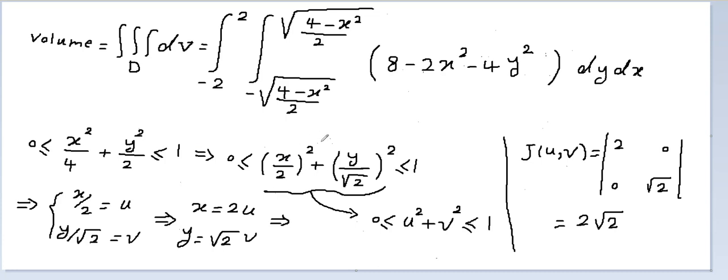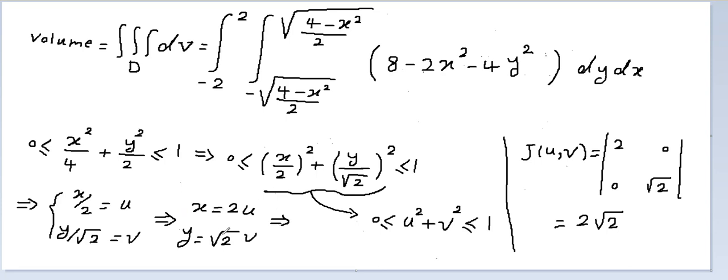This gives you some idea how to choose your proper substitution. So let me take x over 2 to be u, y over the root of 2 to be v. Equivalently, x equals 2u, y equals the root of 2 times v.